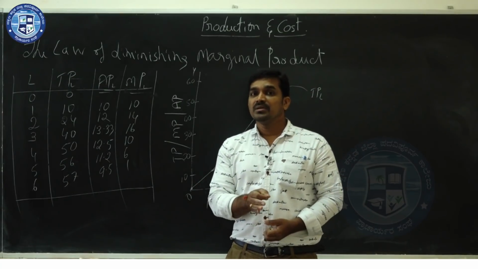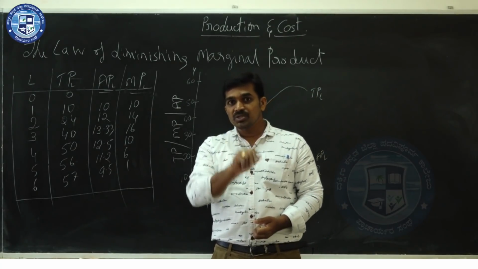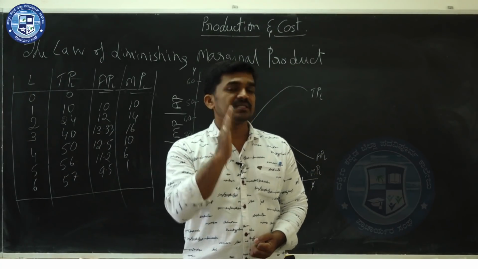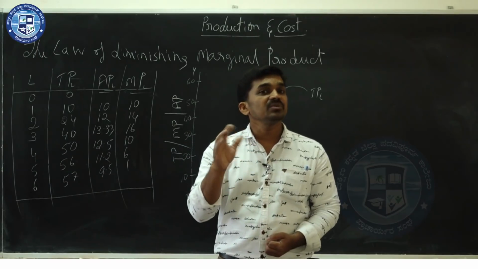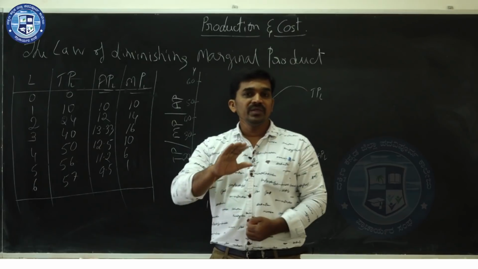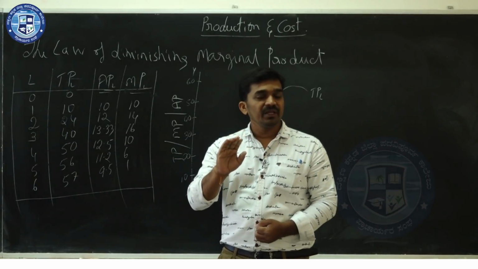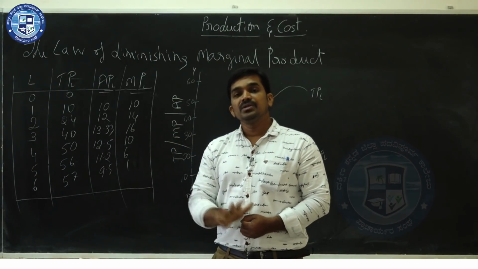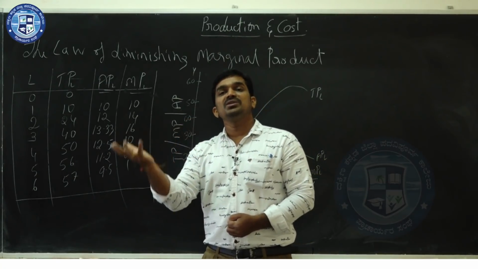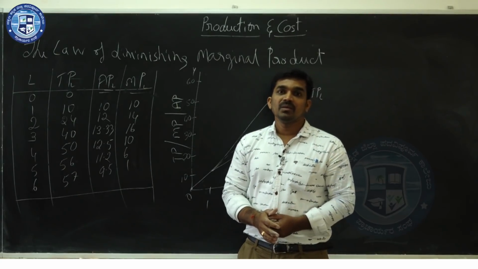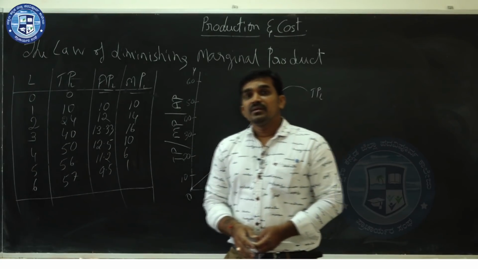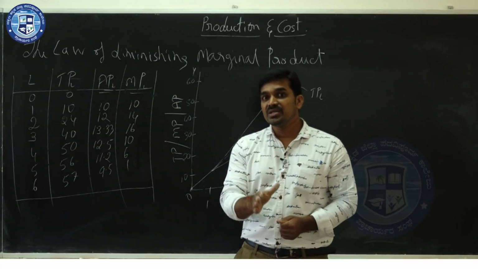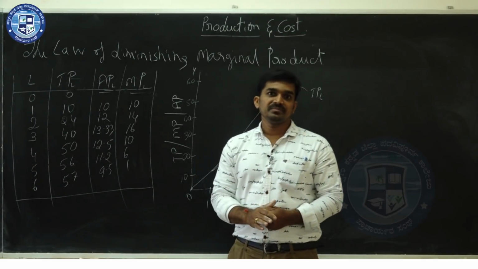Remember, out of the two inputs, one input is fixed and the other is variable. Continuously increasing the variable factor with the fixed input, total product changes. It means the factor proportion changes with the changing variable factor.